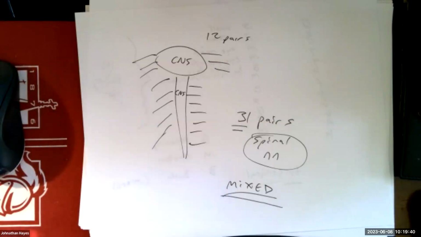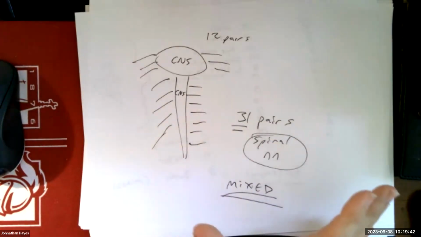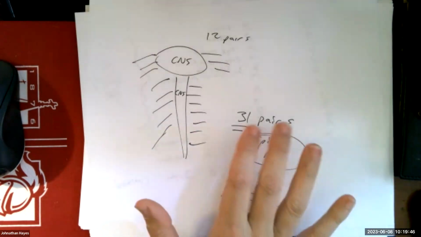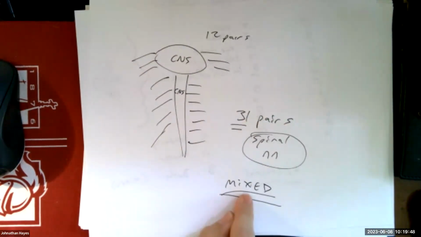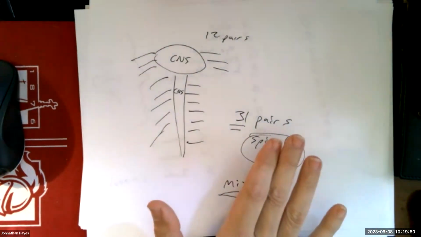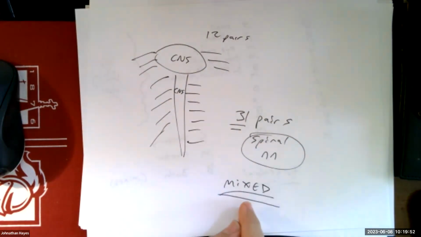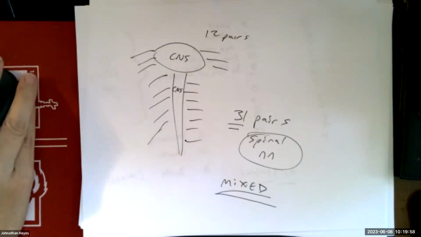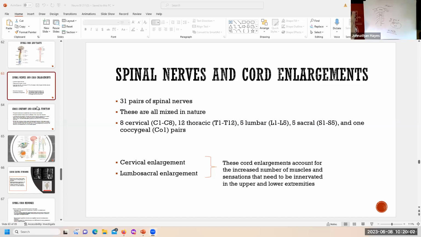So again, I know that's really kind of very generalistic, but it's good information, right? Because if you know the 31 pairs of spinal nerves are all mixed in nature, if there's some type of spinal nerve injury, then I would expect the patient to lose both sensory and motor function in some way, shape, form, or fashion. So that's why we mention that information.